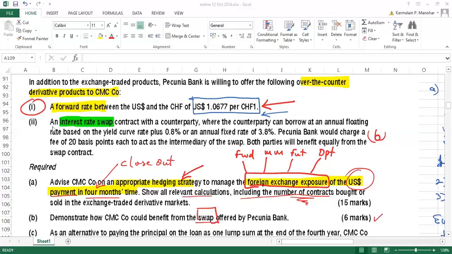So right in part 2, it says interest rate swap, contract with a counterparty where the counterparty can borrow at an annual floating rate based on a yield curve plus 0.8 and a fixed rate of 3.8. And the bank would charge a fee of 20 basis points to whom? Who will that 20 basis points be charged to? Could somebody let me know in the chat?